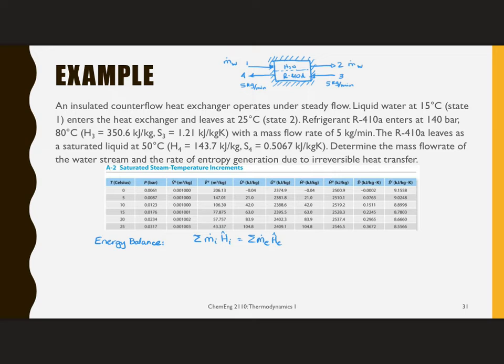And for my specific flow streams here, what I have is that streams 1 and 3 are coming in, and streams 2 and 4 are coming out.